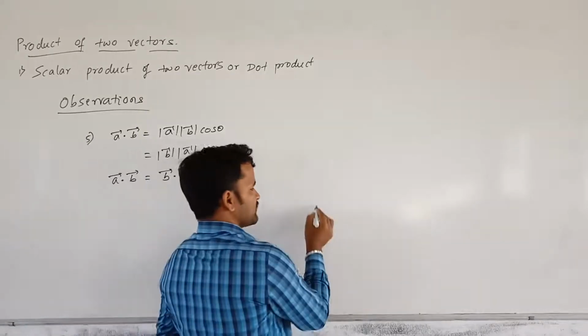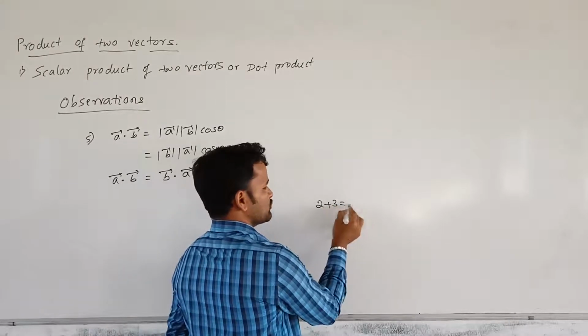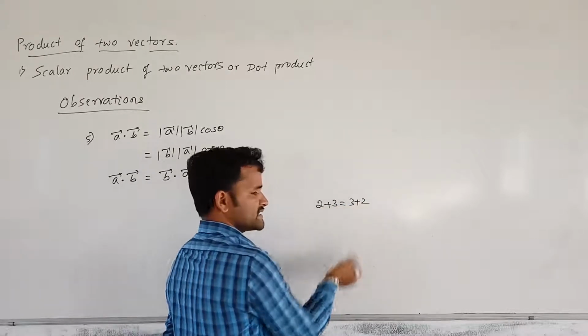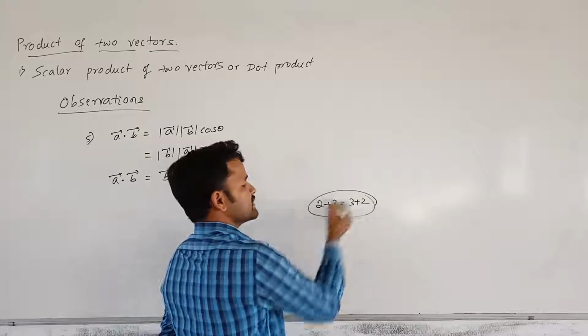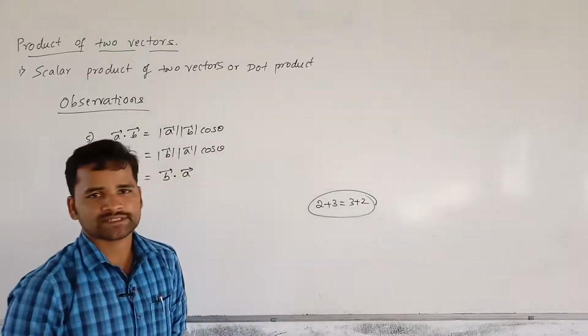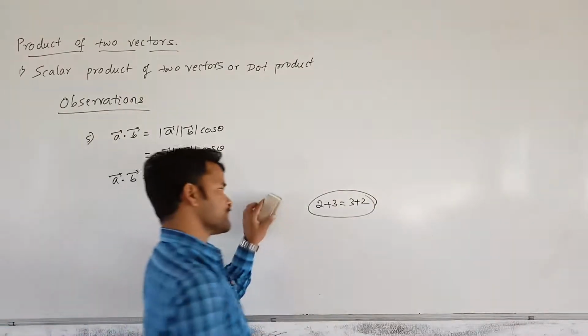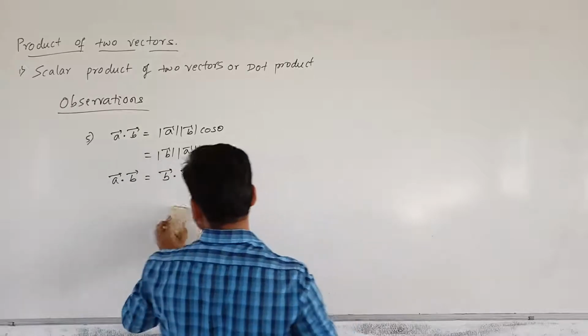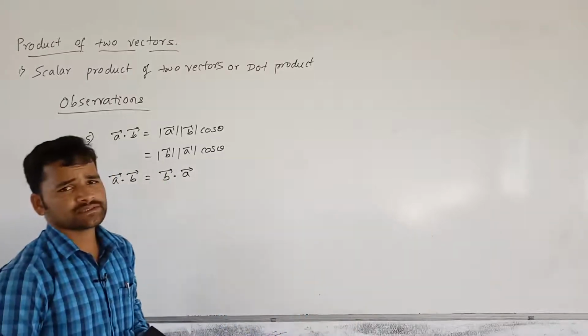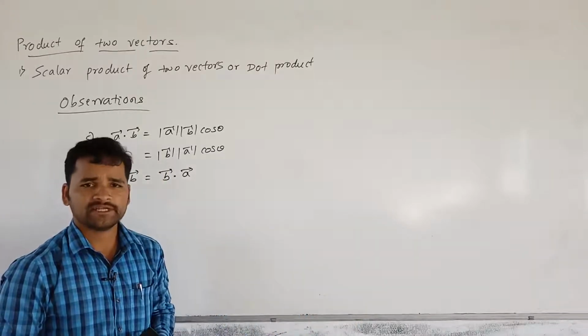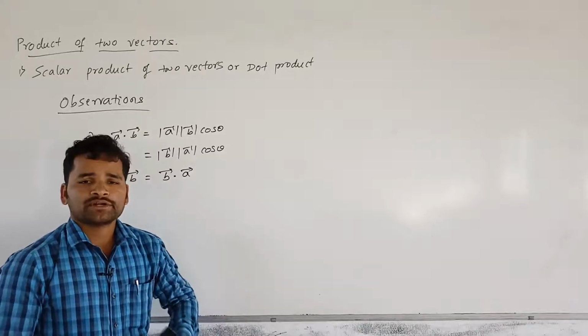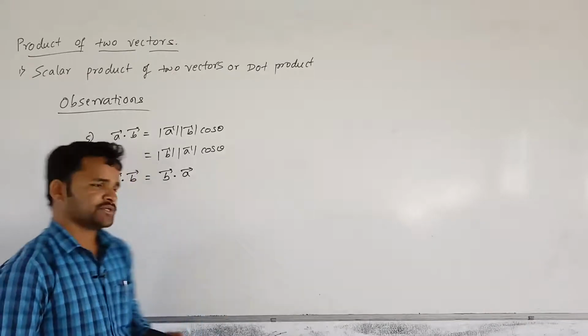I hope you know one property. Suppose we have 2 plus 3 is equal to 3 plus 2. Yes, it is correct. What is this property called? This property is called the commutative property, commutative law. In the same way, A dot B is equal to B dot A, which means the dot product of two vectors is commutative.